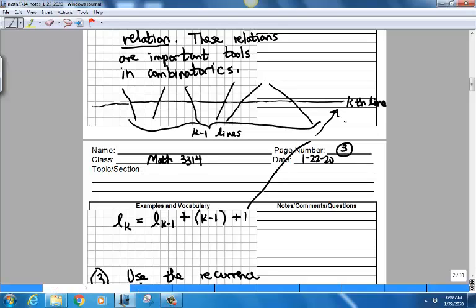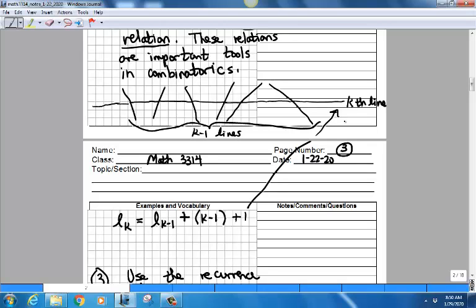Ah, there's my formula. That is a recurrence relation, because we can count the number of regions when I have k lines based on the number of regions when I have k minus 1 lines.